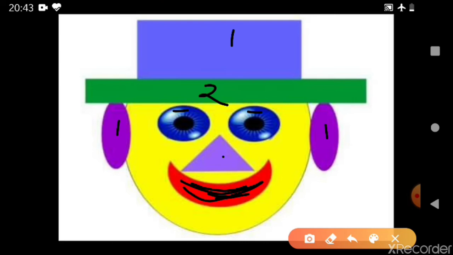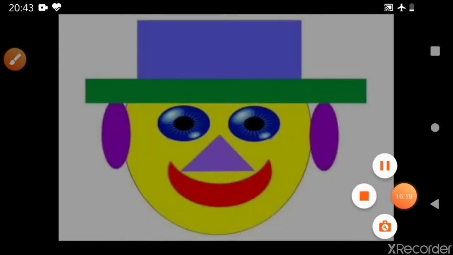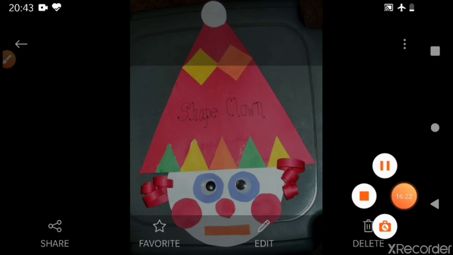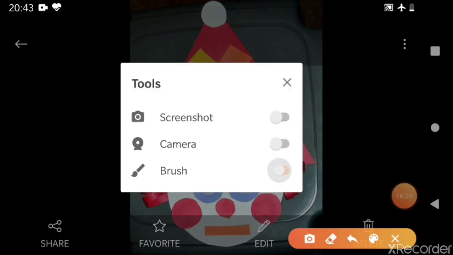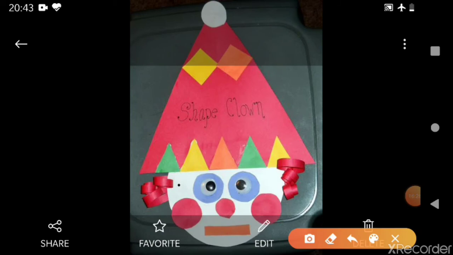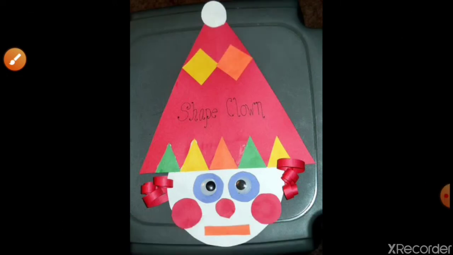Okay, then I'll show you a few more drawings. Now see this drawing. How many shapes are used here? The cap is a triangle. Then to decorate the cap, rectangles and squares are there.